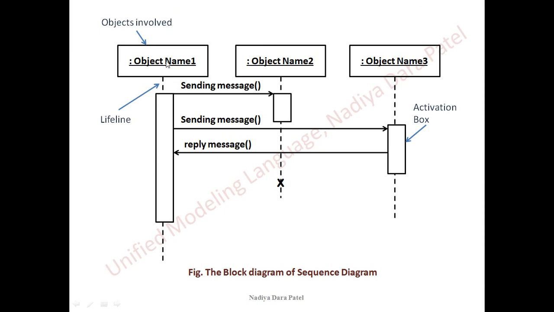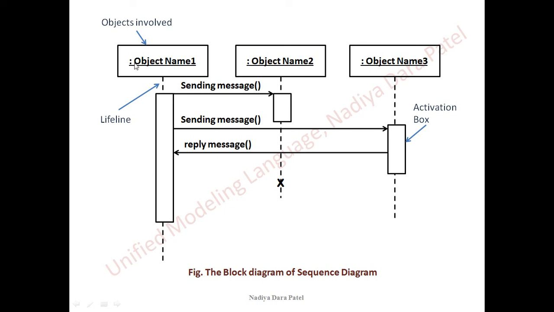Always place the objects in a horizontal line one after the other with respect to their occurrence. Say for example the object 2 is occurring before object 1, we should place object 2 before object 1. Similarly, if there is an object which is coming in the end of any execution, we should always keep it in the last.